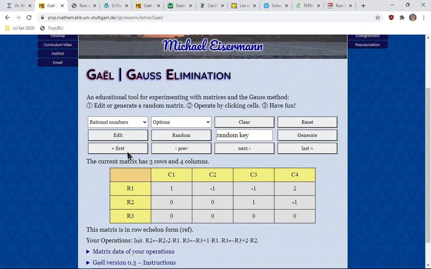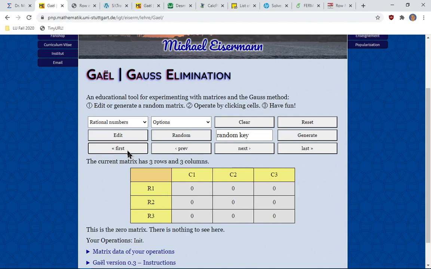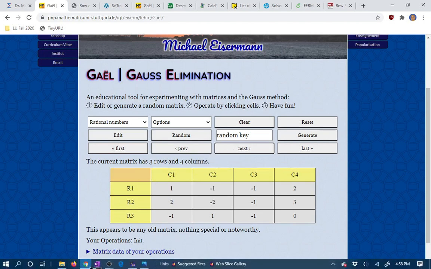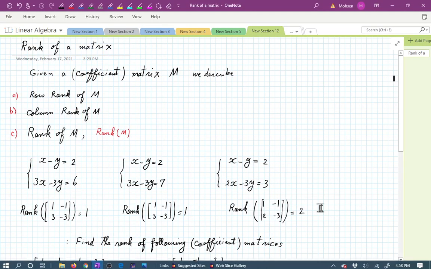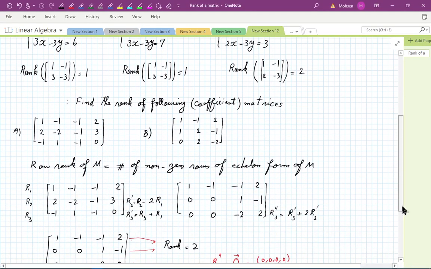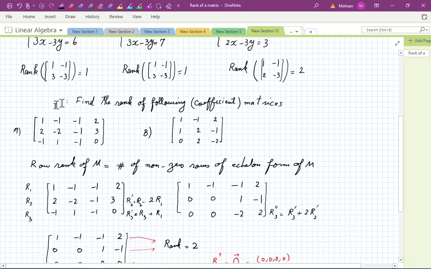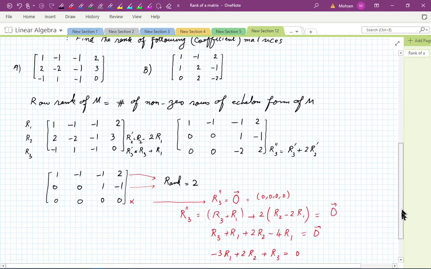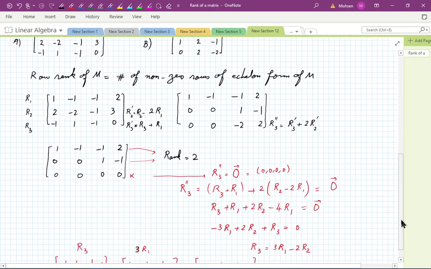One nice thing about this software is that we can go to the very beginning, which was like this, and then we modified it to that one. That's where we started. That is the coefficient matrix of this problem. So I went to the very beginning of this problem again. You remember we had this matrix here, and we started calculating the row rank, and we said 2 of them is enough to generate all the rest of them.